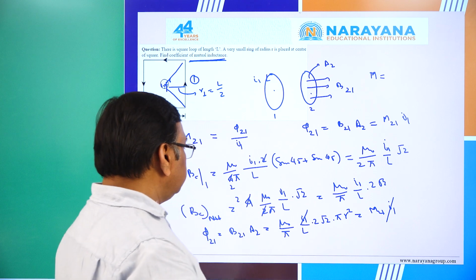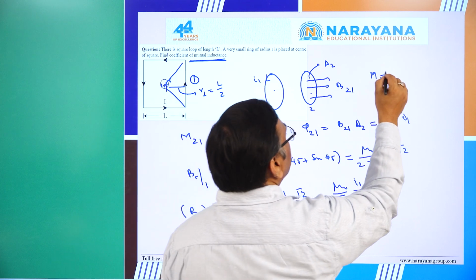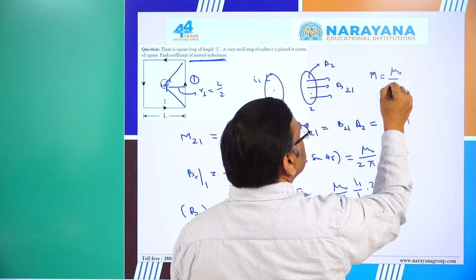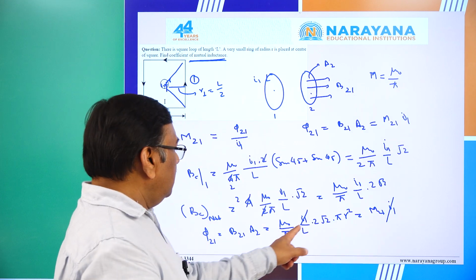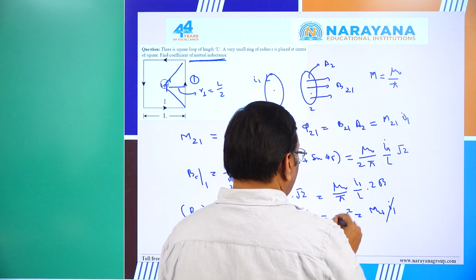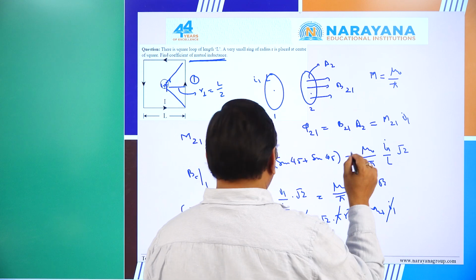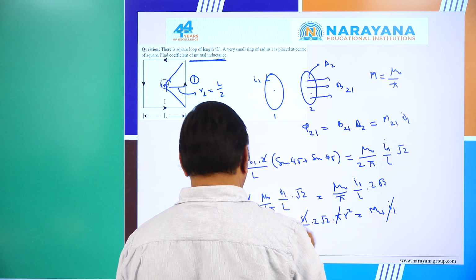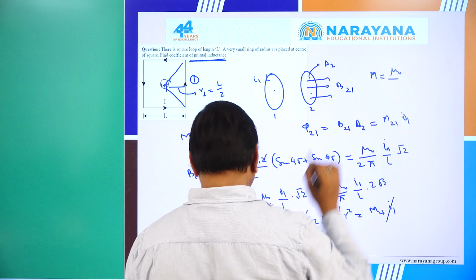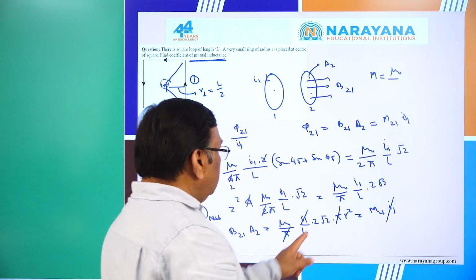M is going to be mu 0 upon pi into 2 root 2 pi r square. Pi, if you want, you can cancel out. So we can cancel out this pi here, so pi we can get rid of. Okay, so this is cancelling.